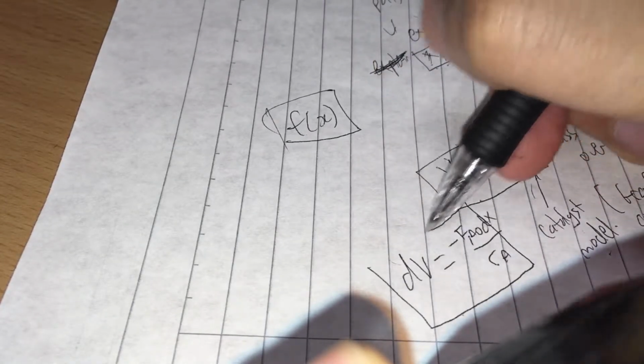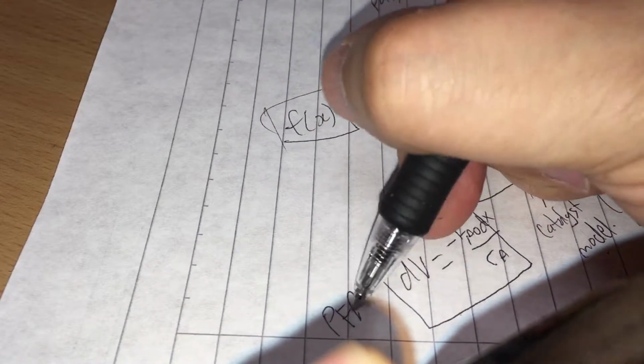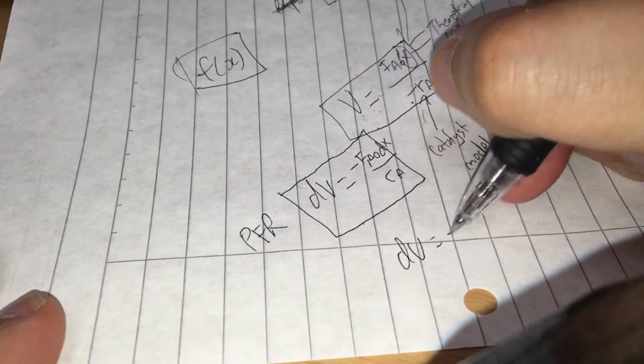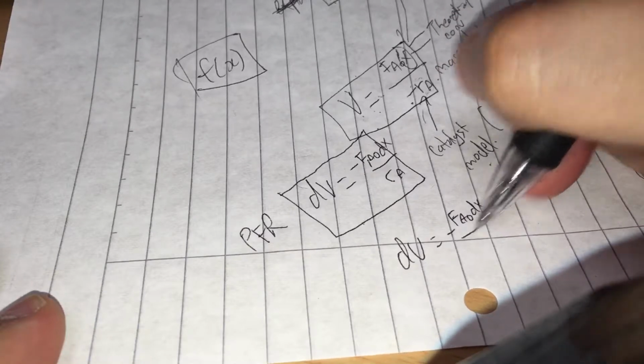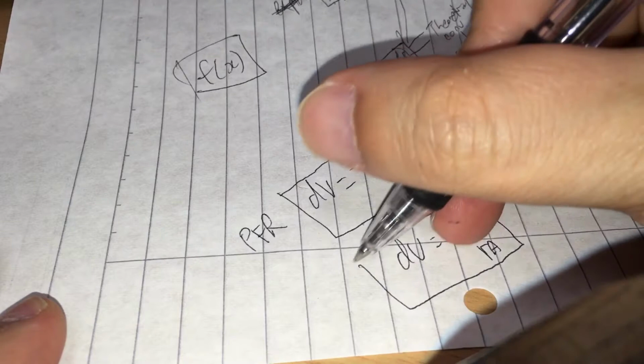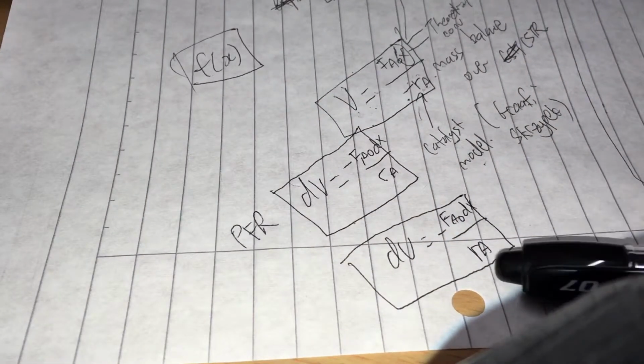I'm sorry about the writing. Okay, let me write it again. dV equals minus FA0 dX over RA. Okay, so this is the PFR version.